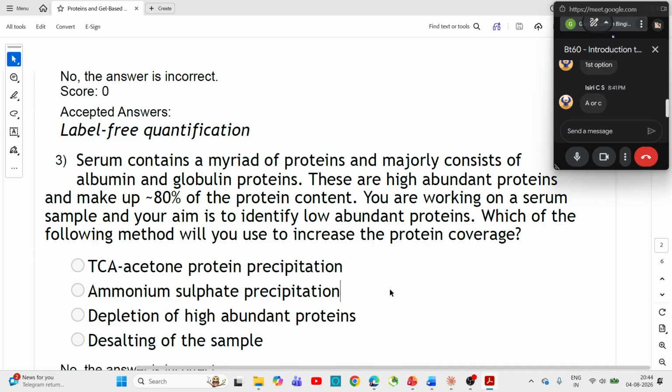Depleting the high abundant protein, right? So the answer for this question will be depletion of high abundant proteins. That's what your aim is. What type of method you use depends, but the ultimate aim is to deplete the high abundant proteins. Right? Are you getting it? Yes.